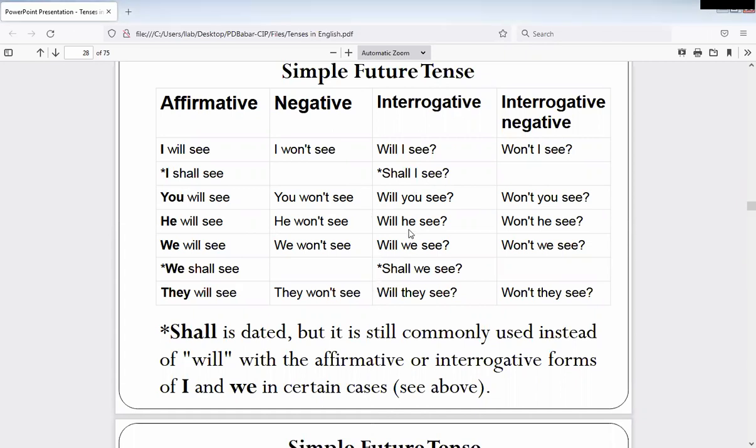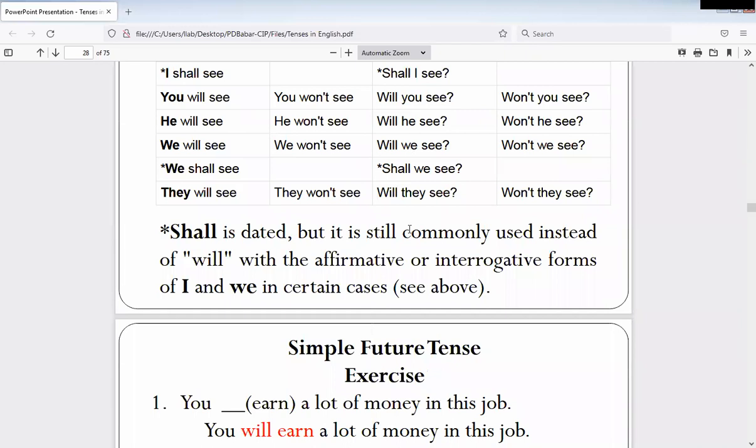So I won't take all the examples of this chart. Here with the star we have the remark. Shall is dated, but it's still commonly used instead of will with the affirmative or interrogative forms of I and we in certain cases. We have discussed this note before also.